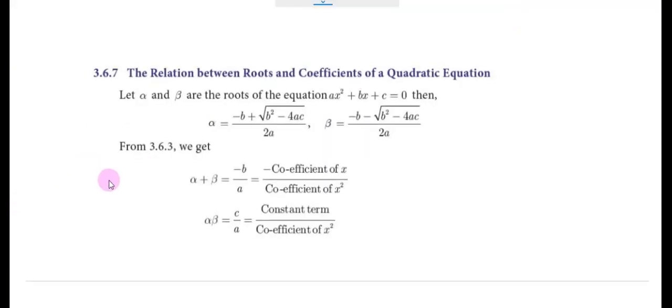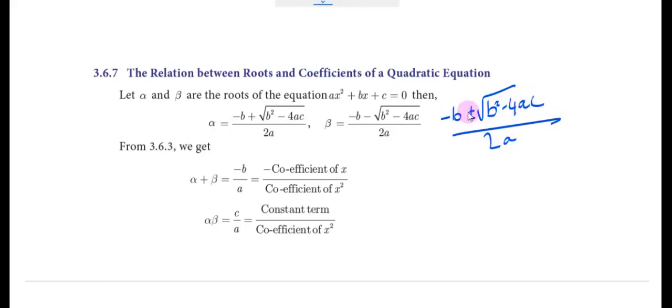Okay, now let us move to the next section: the relation between roots and coefficients of a quadratic equation. Basically we know the quadratic formula, minus b plus or minus root of b square minus 4ac whole divided by 2a.